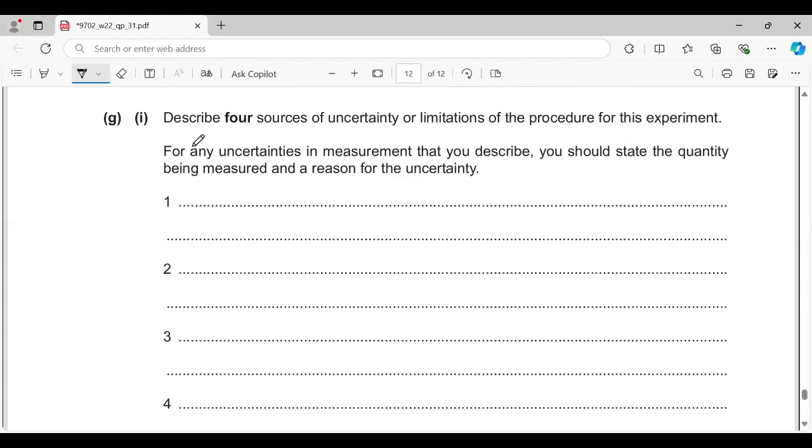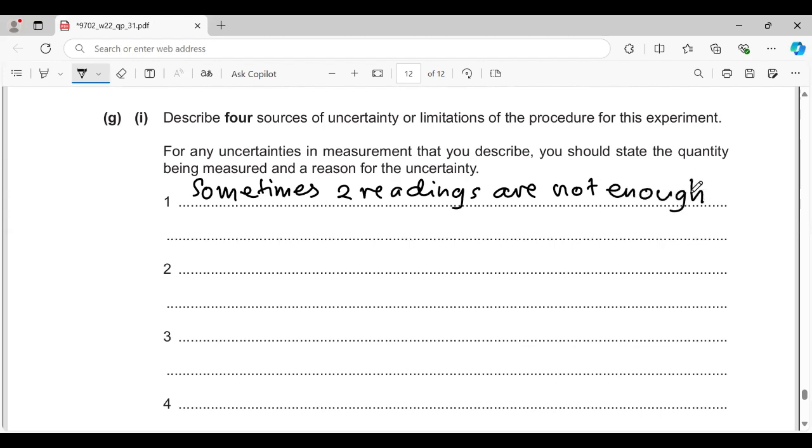One is, if we did two readings, that is not enough for drawing conclusions about this experiment.